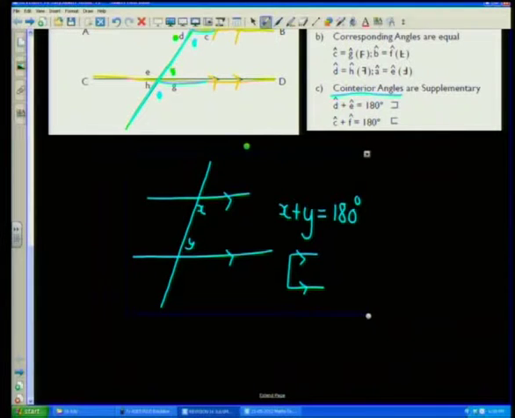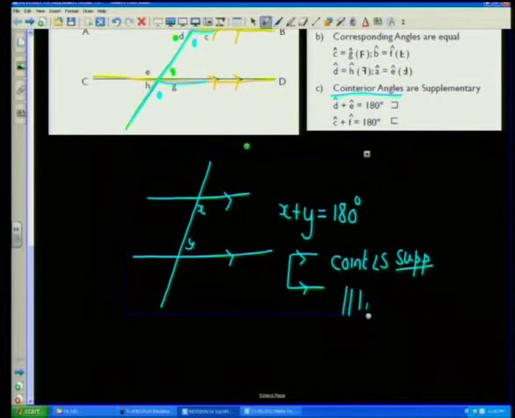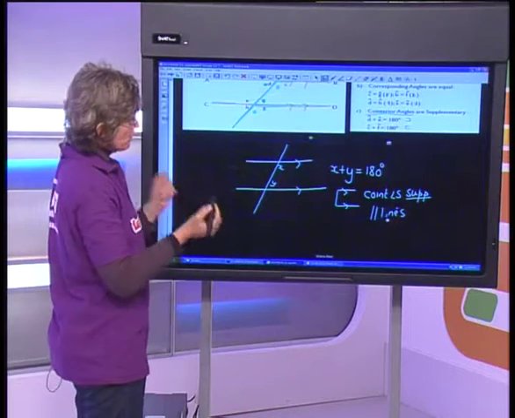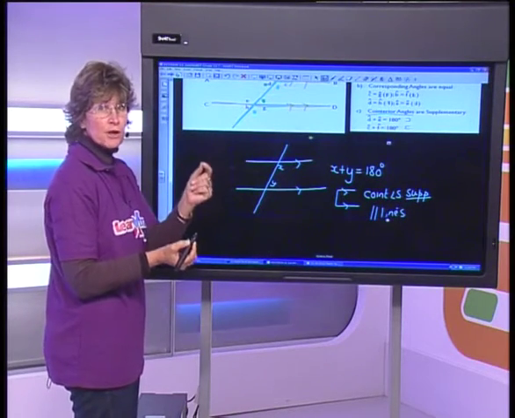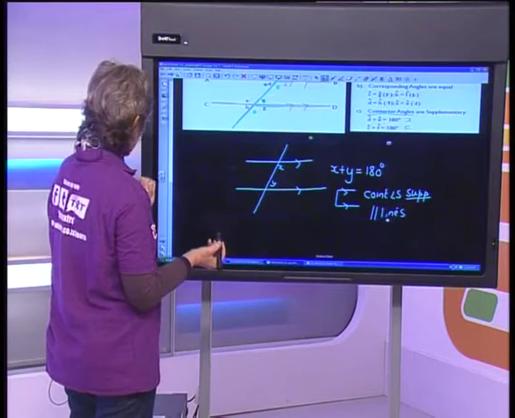All right? And so that is when co-interior angles are supplementary. Supplementary meaning adding up to 180, and it's because I've got parallel lines. So that was just a quick whip through the theory that you need to be able to build on from grade 9, 10, and 11.